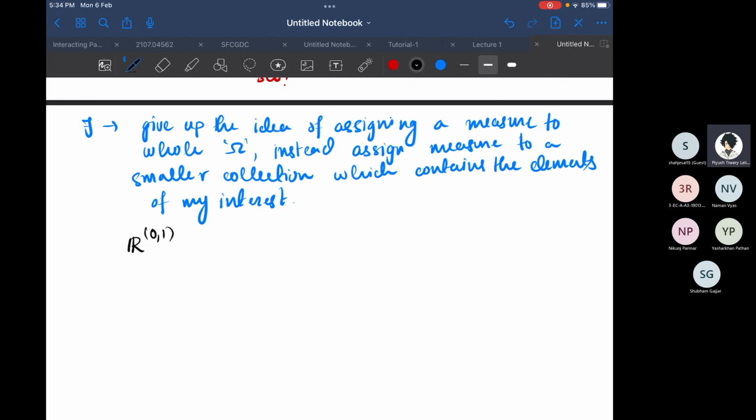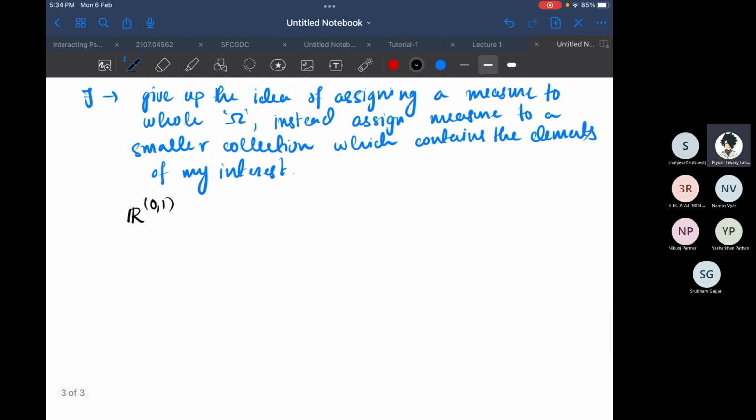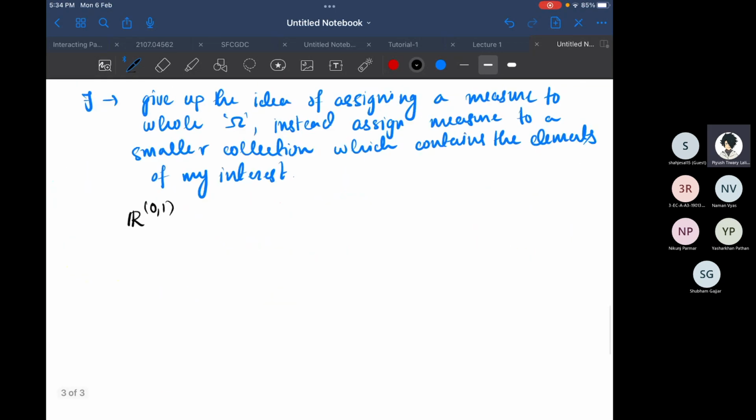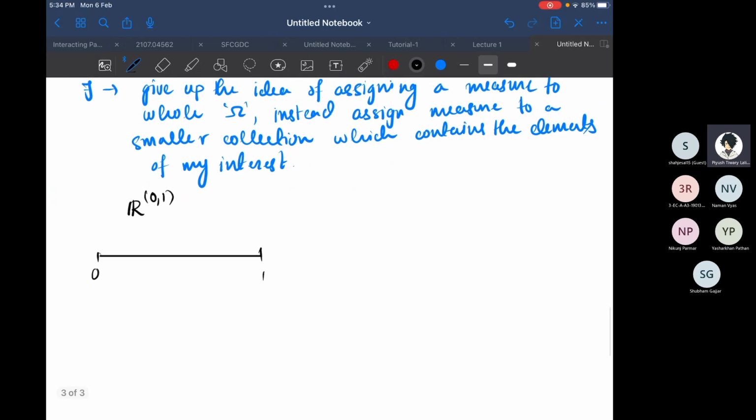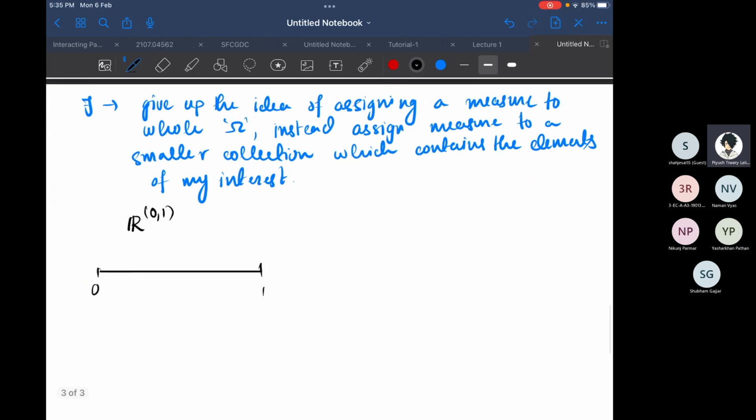Here is your real line. Here is 0. Here is 1. Maybe the thing that is of interest to me is just intervals. I am only concerned about quantities that are intervals, and I can manage with those.